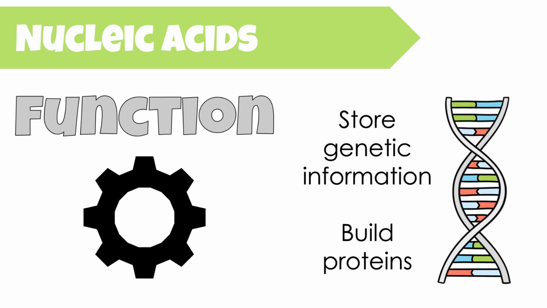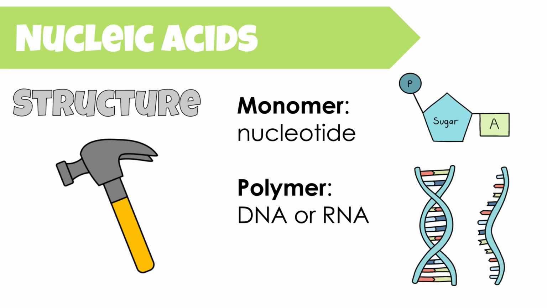The function of our nucleic acids is storing genetic information within a cell, as well as helping build the proteins. So throughout this course, we'll do a whole unit wrapping around how nucleic acids store genetic information and how they are responsible for building proteins within a cell. In terms of the structure, the monomer for a nucleic acid has a very, very similar name.